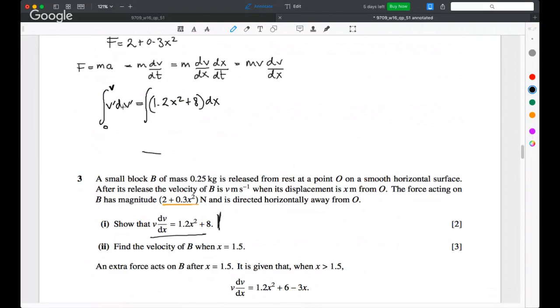So we tend to put a prime on this, so we know that this is integrated over all values of v between 0 and this actual value of v. Now, the limits have to match. So at the same time as the velocity is 0, the displacement is also 0. And the upper limit, where we're trying to find v, is when x is equal to 1.5.